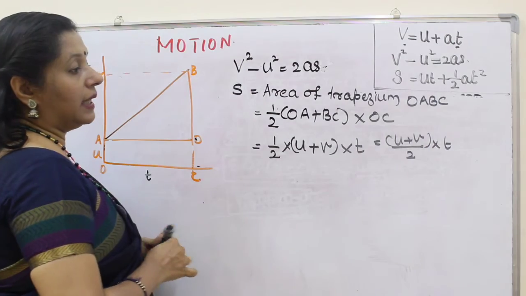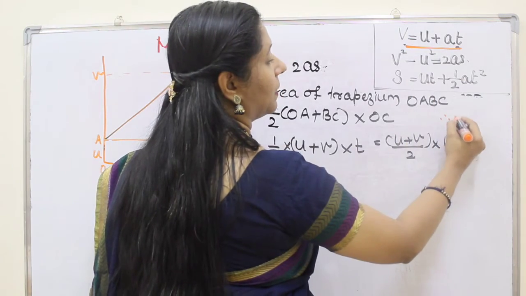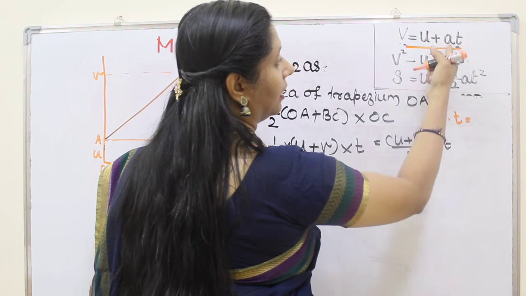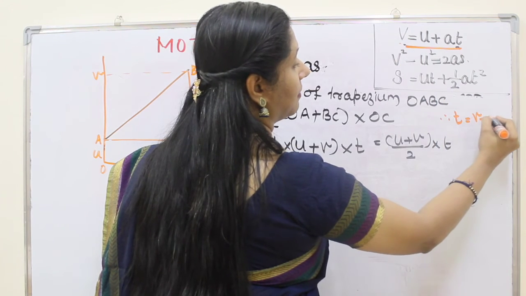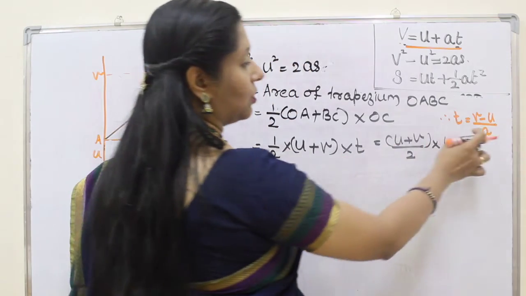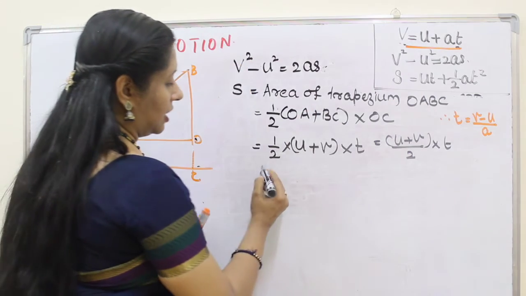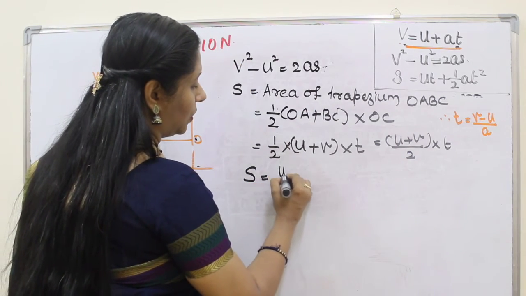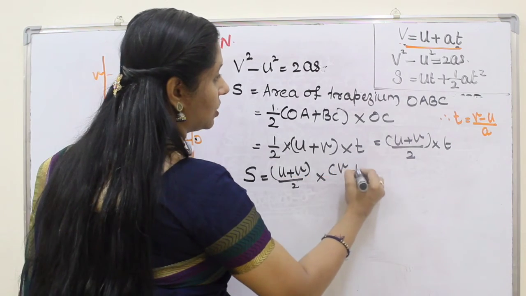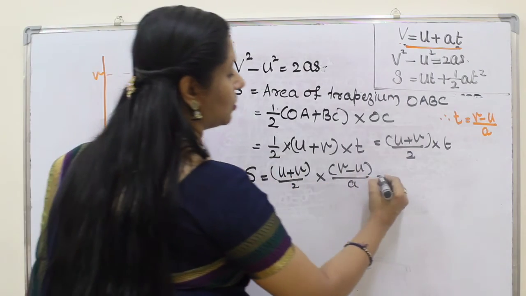Okay. Now look at this equation. V is equal to U plus AT. So from that equation, that is the velocity time relation, we know time is equal to, if you bring this U to the left, V minus U upon A. T is equal to V minus U upon A, from this equation that we are substituting here instead of T. So what will we get? S is equal to U plus V by 2 into V minus U by A. So this is V plus U into V minus U. So what is it?